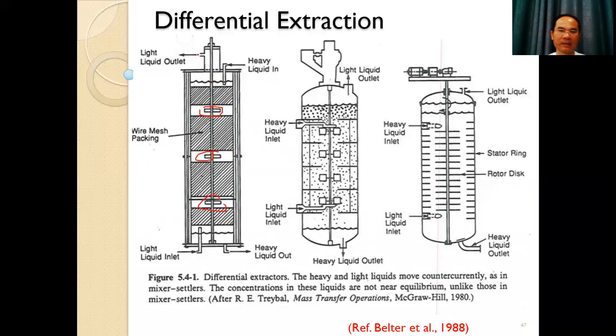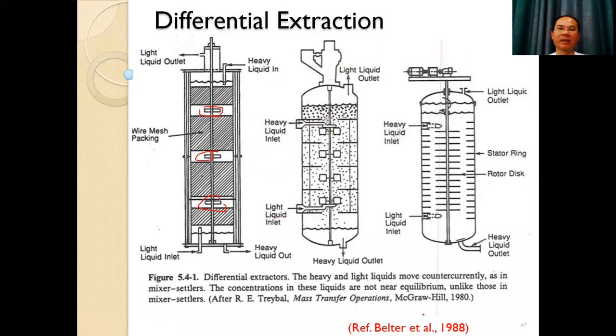This is the first example, with counter current flow in different directions. The second one is also counter current: the light liquid phase flows in at the bottom and out at the top, and the heavy liquid phase flows in at the top and out at the bottom.